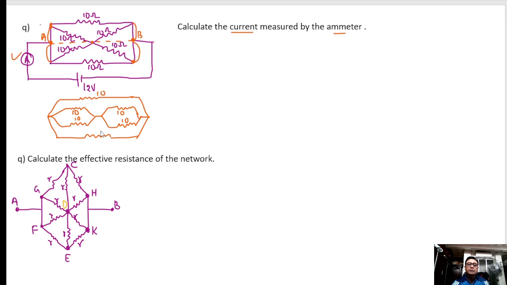This is 10, and this is 10. So the inner part of this will be 1 by 10 plus 1 by 10, that is 2 by 10. Isn't it? Inner part is 1 by 10 plus 1 by 10, which is 2 by 10, 1 by 5, that means 5 ohms.